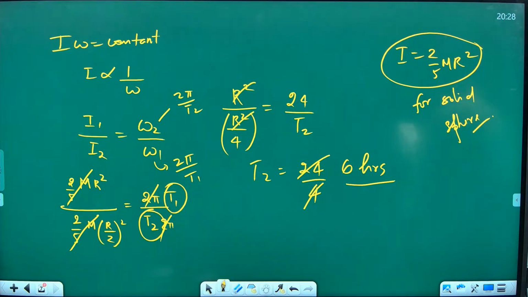Question is, what will be the duration of day if Earth shrinks to 1 by 64 of its original volume?